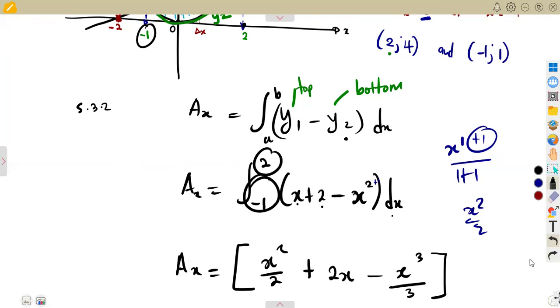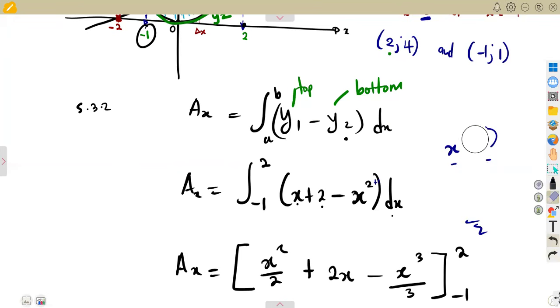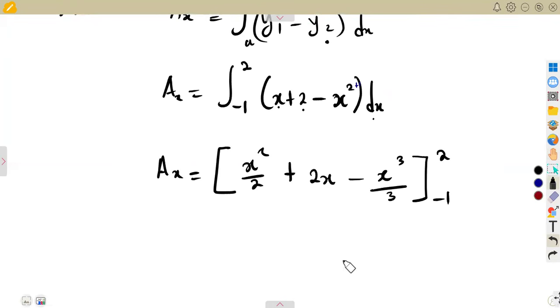With the limits that we are given, 2 and -1, we can determine the area, which is the exact area that we are determining from this integral.